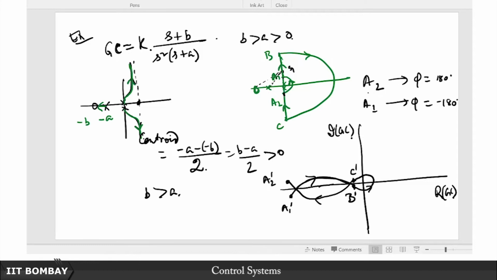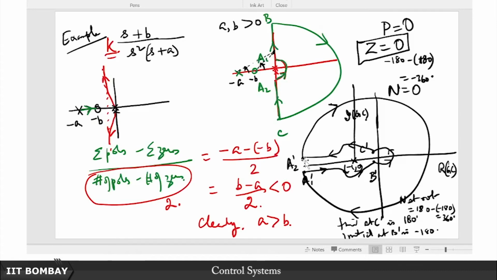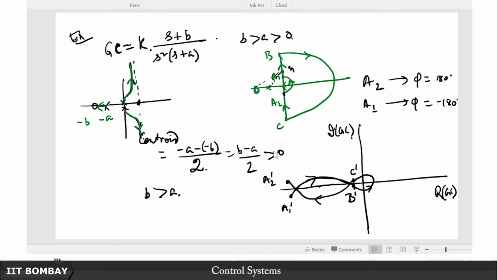I am going from A2 to A1, that is my direction of traversal, so my initial is A2, final is A1. Final minus initial is minus 360 degrees, so that is again a clockwise rotation as before. So it is essentially no difference. The only difference is that there was a crossover, and it turns out that will make all the difference for our purpose. So let us draw this and then we will see how that is so.